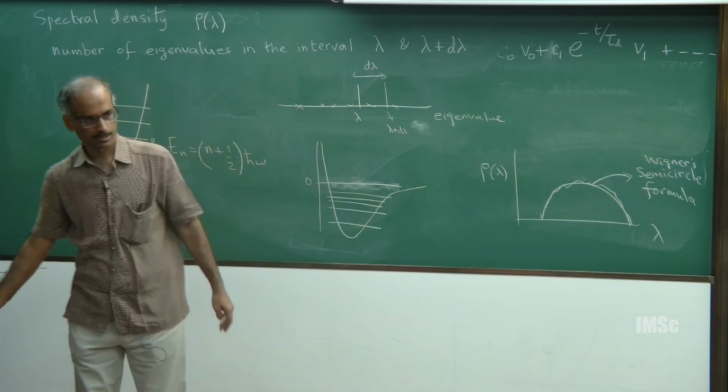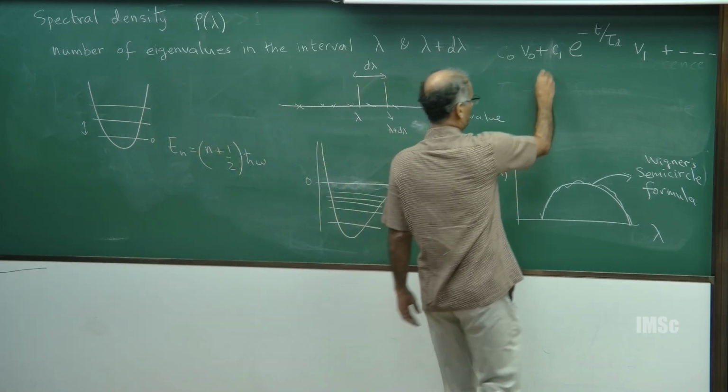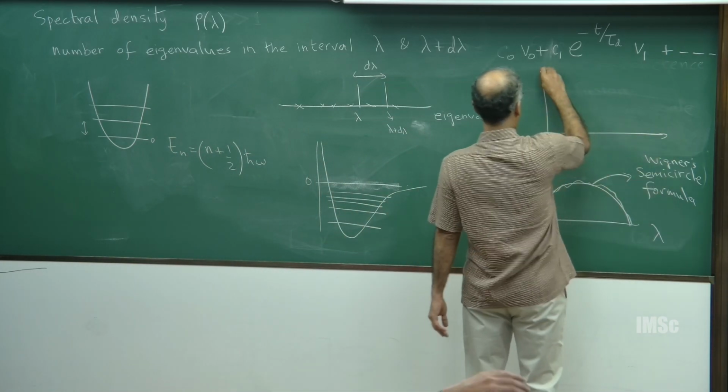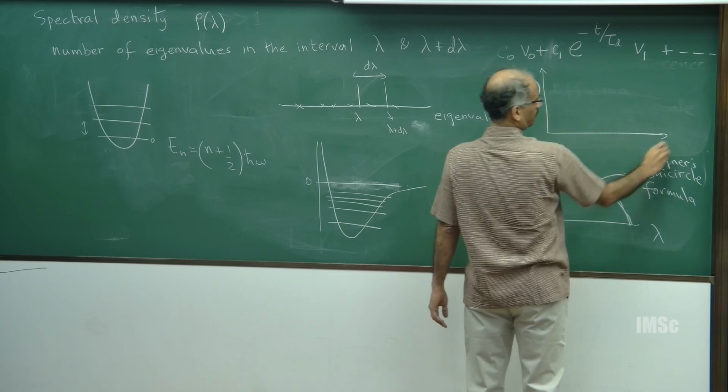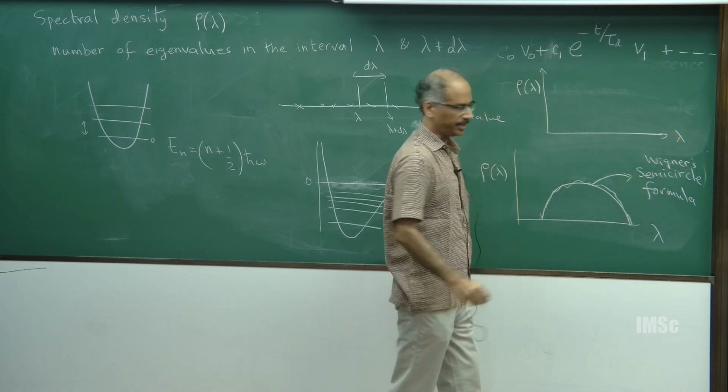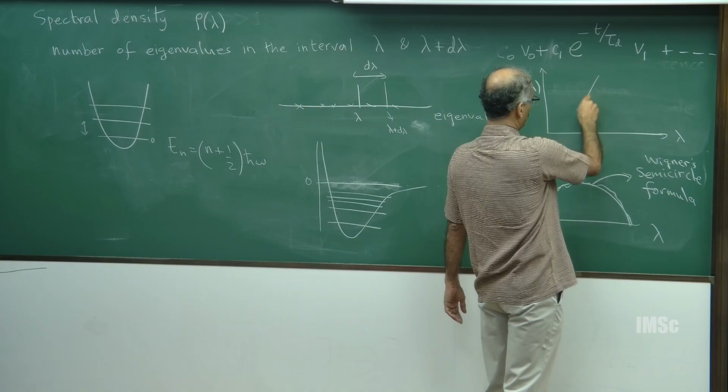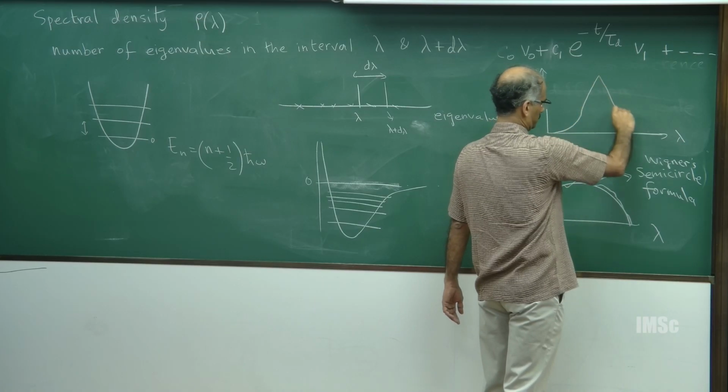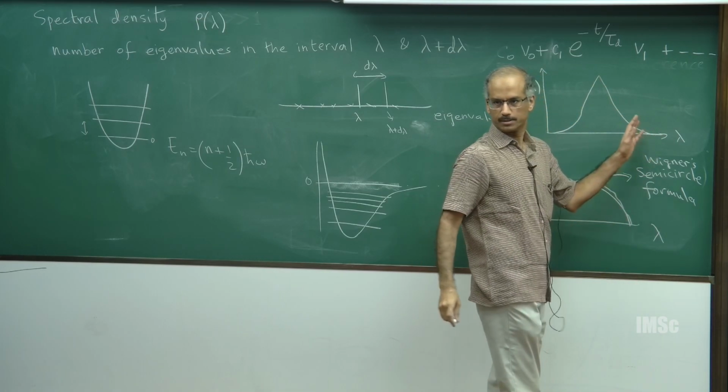Just to close this session, I will draw one more graph of spectral density for a scale free network, which will look almost like a triangle, something like this. It is not a semicircle.